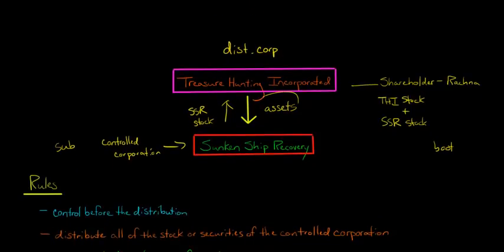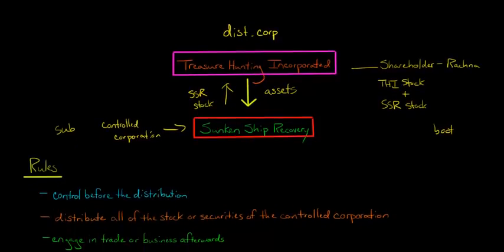So remember, they gave assets in exchange for SSR stock, so they have to turn around and give all of this SSR stock to Rachna. Now, there is an exception. If they give up not all of the SSR stock, but enough that they basically gave away control, then it could also qualify. But generally speaking, they take the stock that they receive and give it to their shareholder.